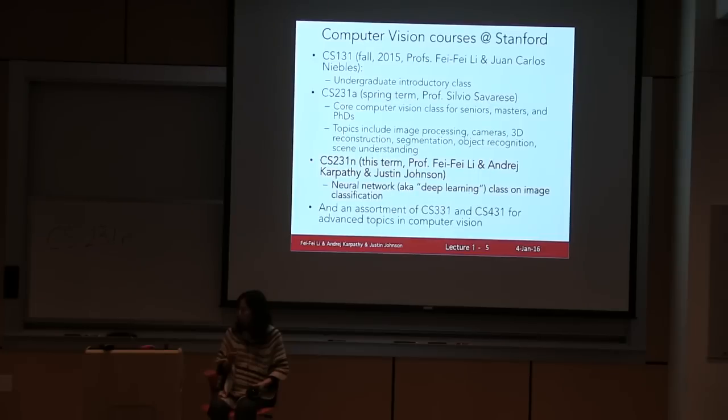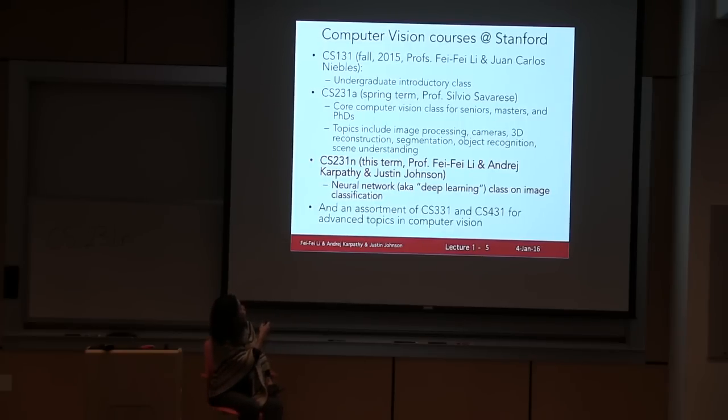So also to put things in a little more perspective, what are the computer vision classes that we offer here at Stanford through the computer science department? Clearly you're in this class, CS231n, and so some of you who have never taken computer vision, probably have heard of computer vision for the first time, probably should have or already done CS131.